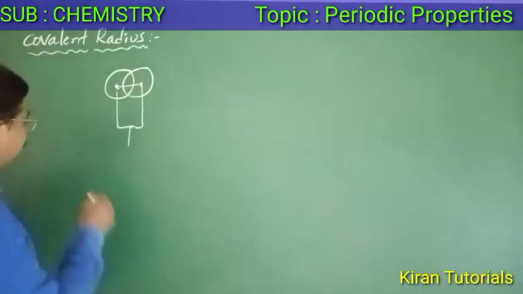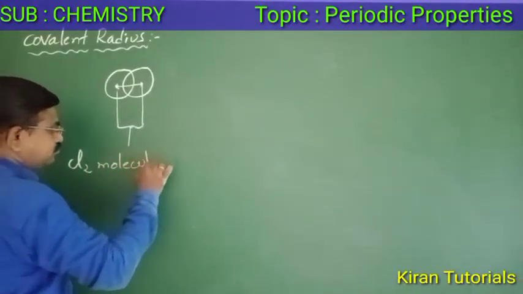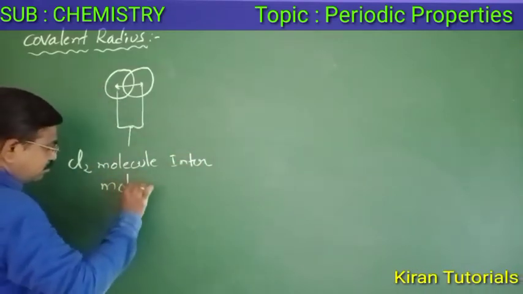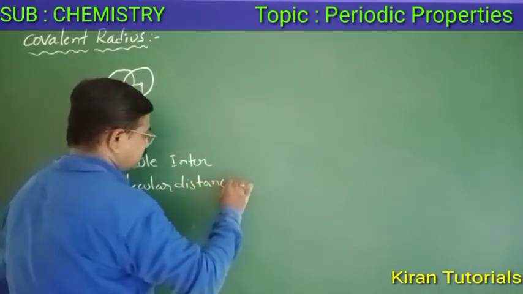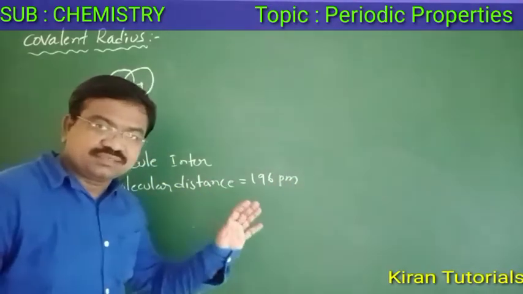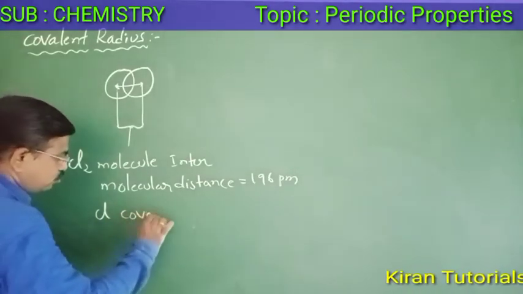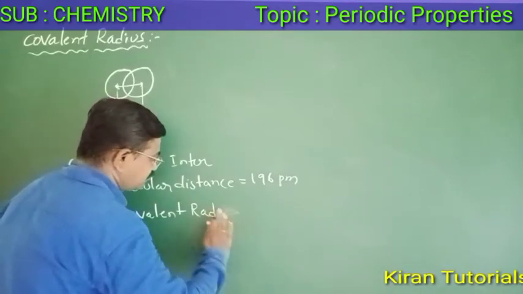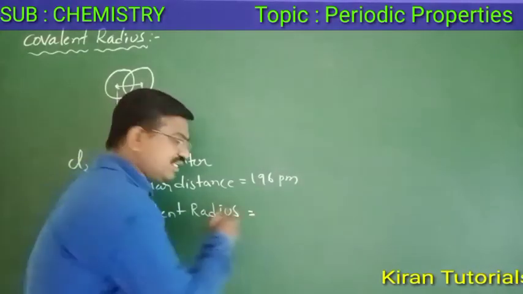So half of the internuclear distance. For example, chlorine molecule, internuclear distance 196 picometers. Just an example I am saying. Then what about the chlorine covalent radius? What is the definition?